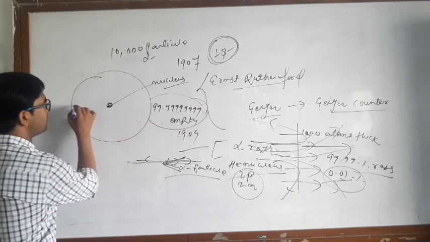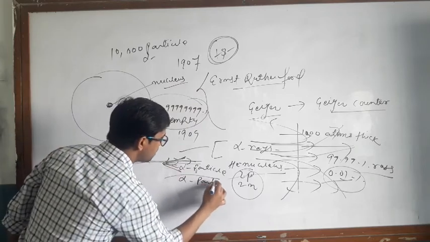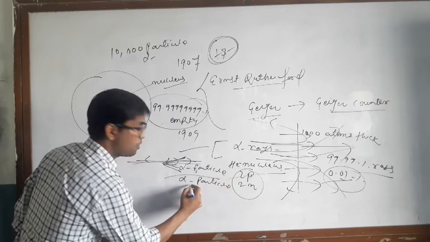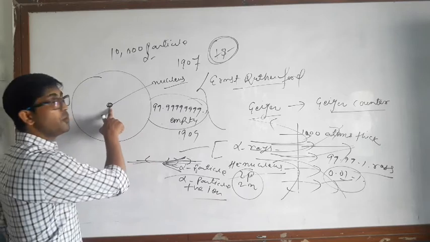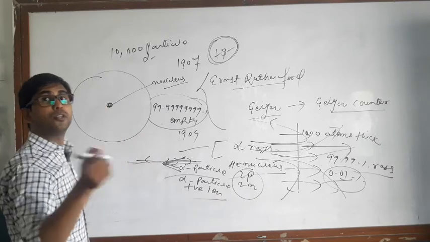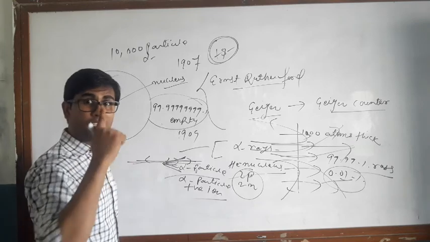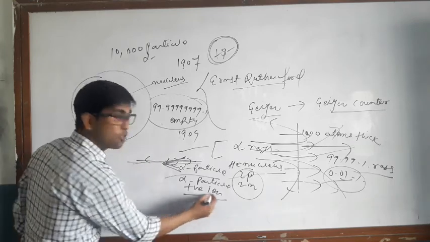Because the ray is what? Alpha particle, and the alpha particle has what? Positive charge. The nucleus is also a positive structure, because the nucleus contains protons.